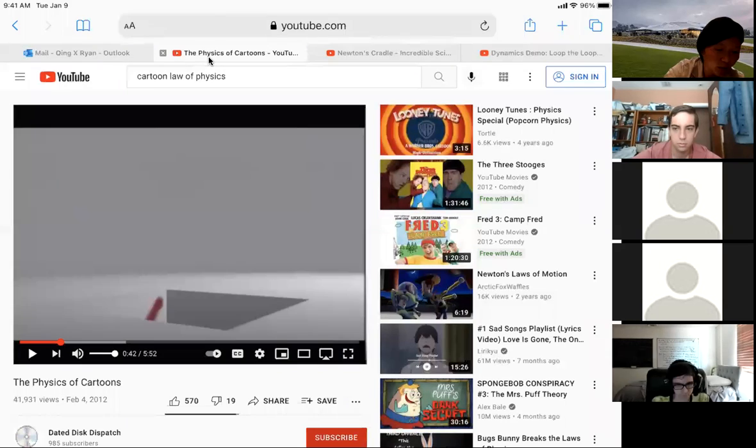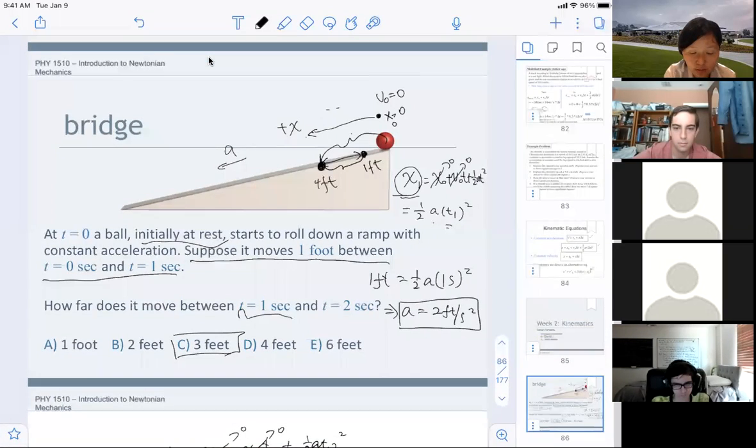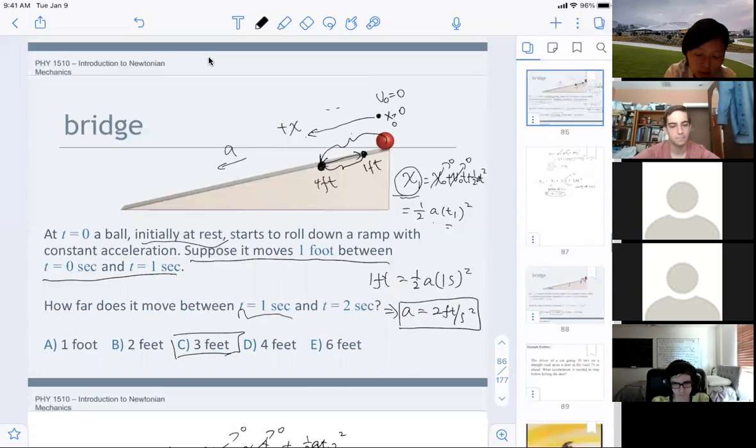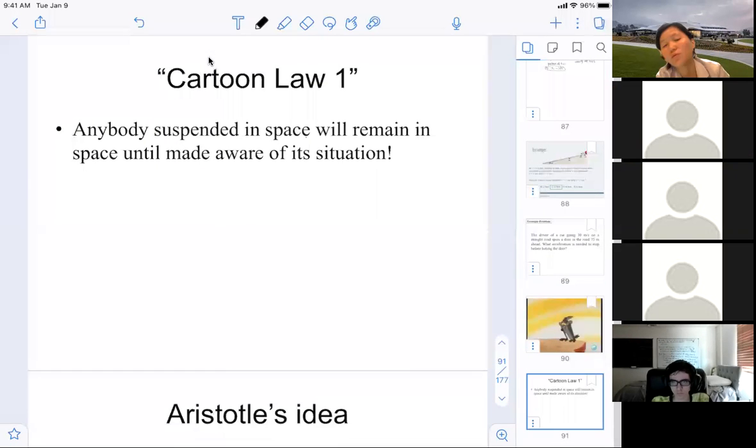So obviously in cartoons, this is a dramatic situation. We know that the physics is obviously wrong. The cartoon law number 1 is anybody suspended in space will remain in space until they're made aware of their situation. Obviously, we know that is wrong. But sometimes in action movies, you will also notice some physically wrong situations.